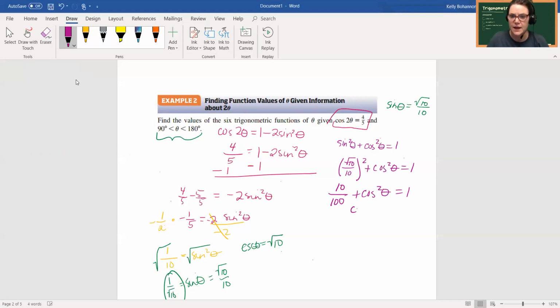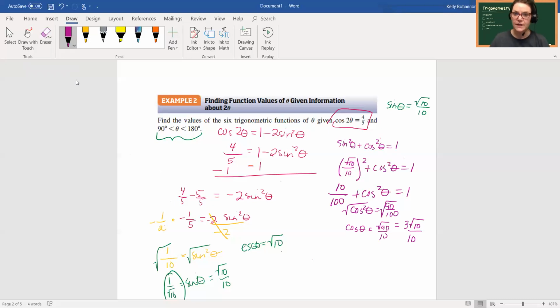So I end up getting cosine squared theta equals 90 over 100. Take the square root of both sides, and you get cosine theta equals square root 90 over 10. Square root of 90 breaks down to 3 square root 10 over 10. And you can flip that and rationalize it to find secant.